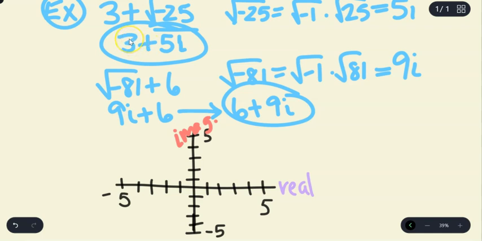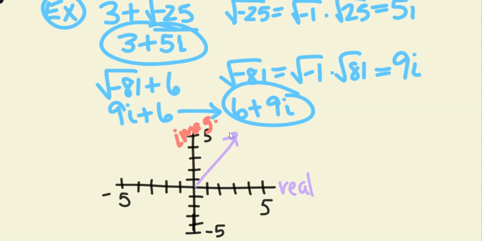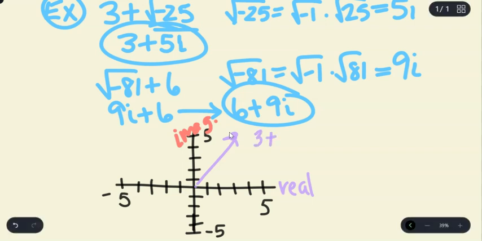Well, what's my real component? 3. So I'm going to go over 3. And then my imaginary component is positive 5. So I'm going to go over 3 for the real, up 1, 2, 3, 4, 5 for the imaginary component. And what that actually does is it creates a vector. That vector is the vector 3 plus 5i on the complex plane.